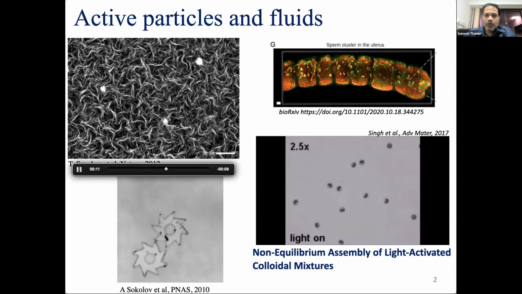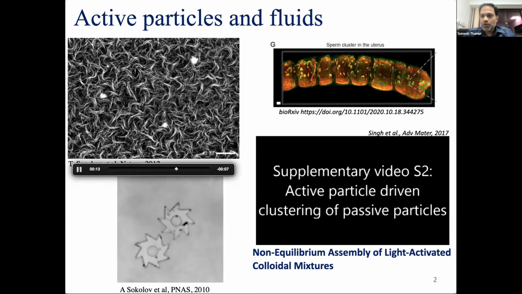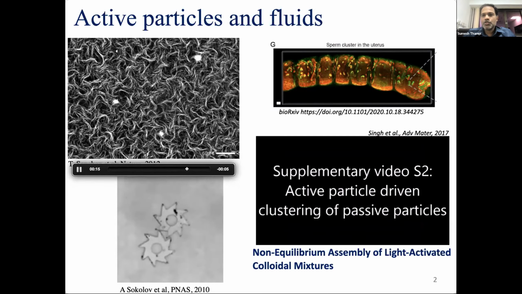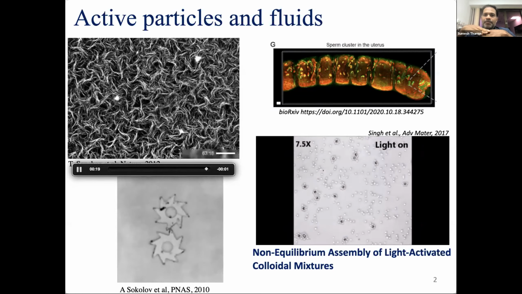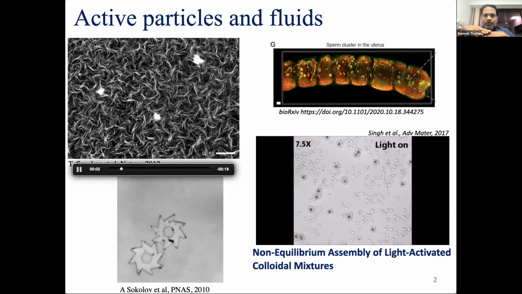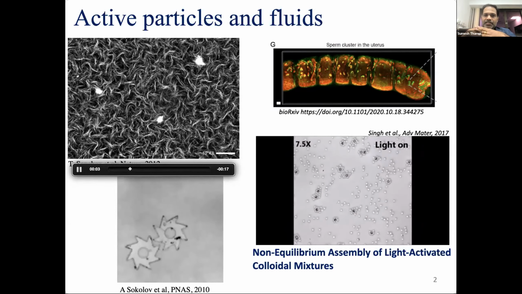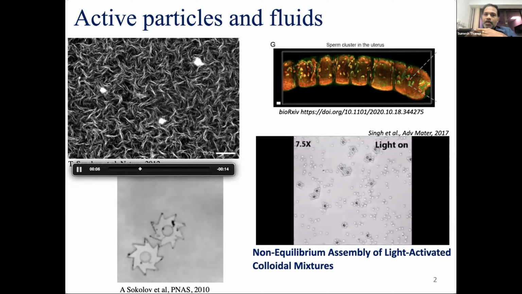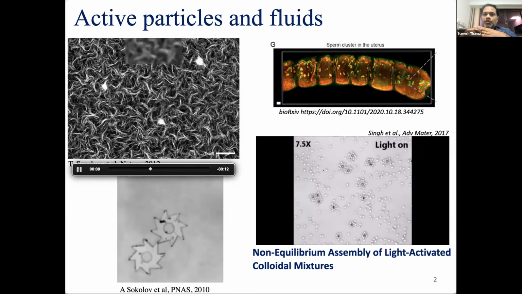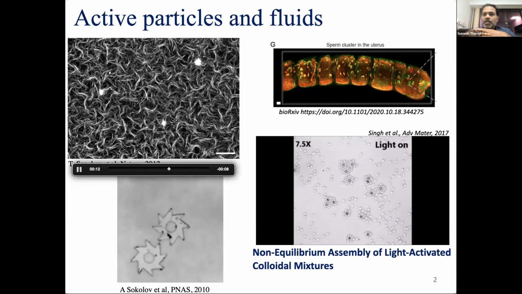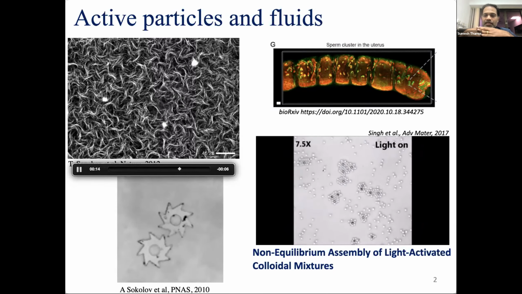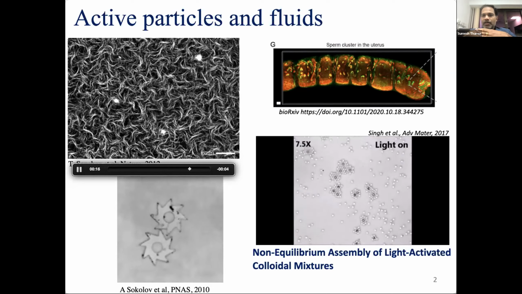Here the motion that you're seeing is not because of thermal fluctuations. It's not Brownian motion. It's the fact that there are ATP molecules present, and the chemical reaction mediated by these ATP would be translated into some sort of mechanical motion. So these filaments are continuously moving because there is a continuous chemical energy available to them.